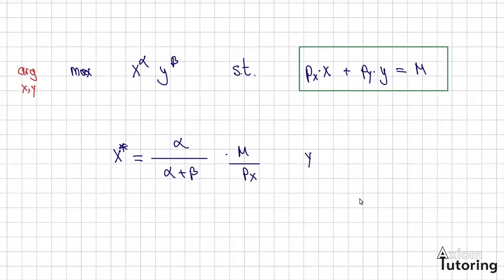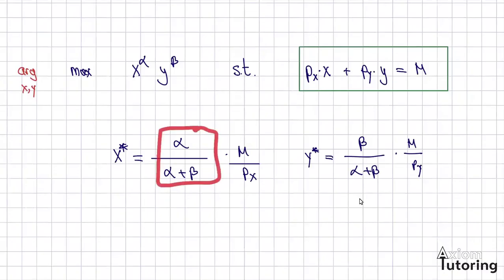And y star, if you could make an educated guess, what would that be? Beta over alpha plus beta times m over py. Think about the intuition of this for a second. This number is going to be between 0 and 1, because it's a fraction. Alpha shows up both in the numerator and the denominator, and alpha and beta we're going to assume to be positive.